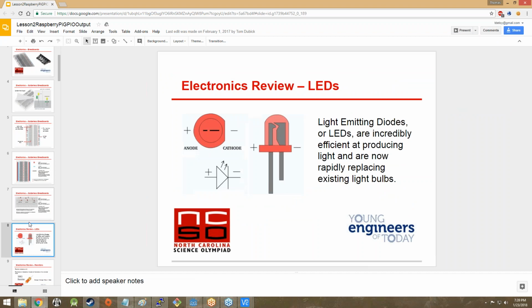So I've been saying LEDs and resistors and stuff like that. Let's get ourselves a little bit more familiar with those actual electronics. So LEDs. LED is short for light emitting diode, and I'm sure you guys have heard of LEDs in your life. Hey, have you guys heard of these things called light bulbs? But anyway, the point being, that's what it stands for, light emitting diode.